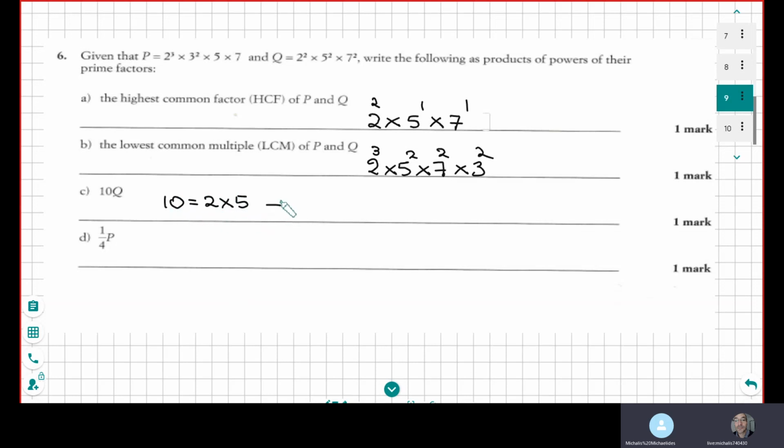And you can see that q has an additional 2 and an additional 5. So it would be 2 to the power of 3 times 5 to the power of 3 times 7 squared. I have increased the powers of 2 and 5 by 1. We need to find the product of powers of prime factors.